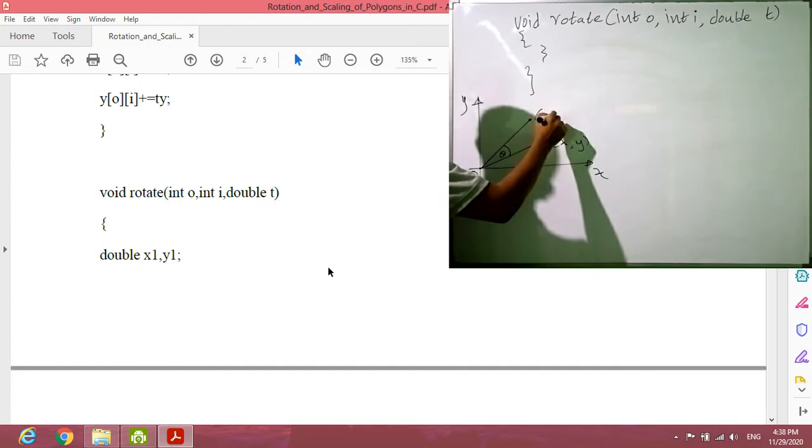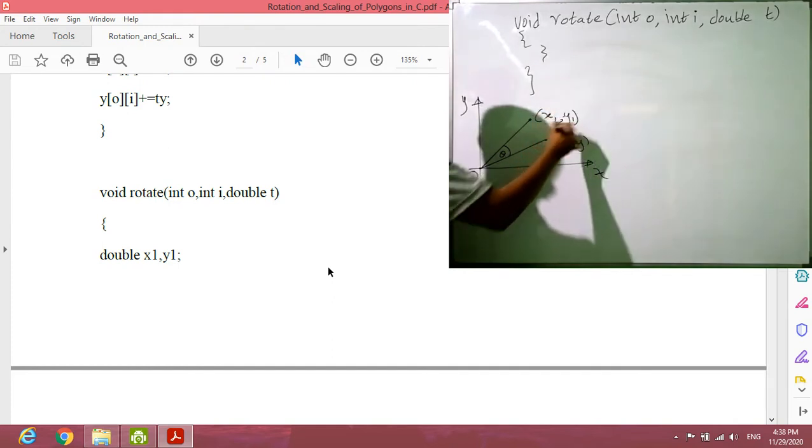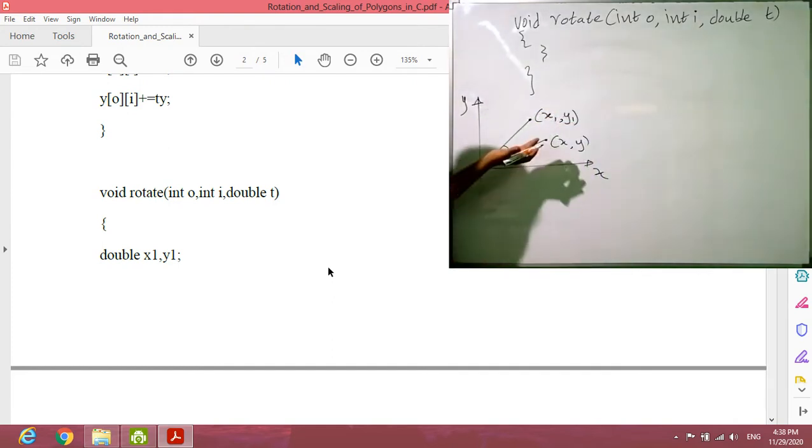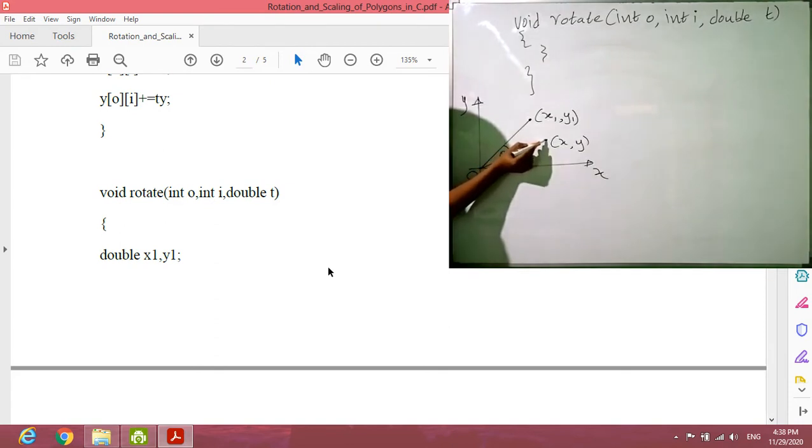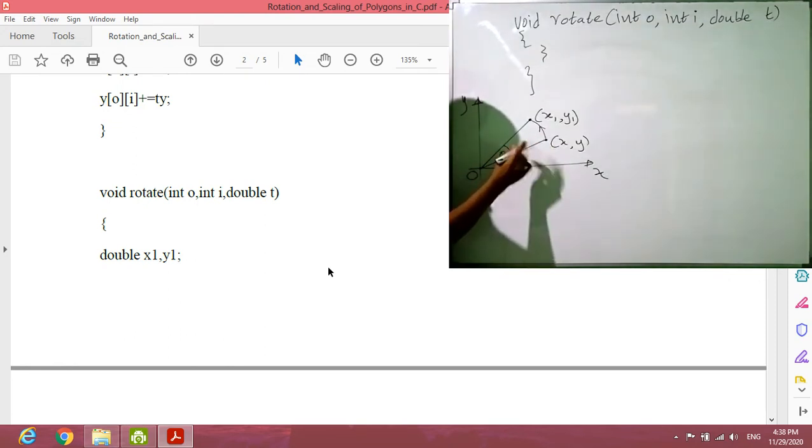We come here, x1 y1. After rotating this particular point around the origin by an angle of theta, we come to this position, okay.